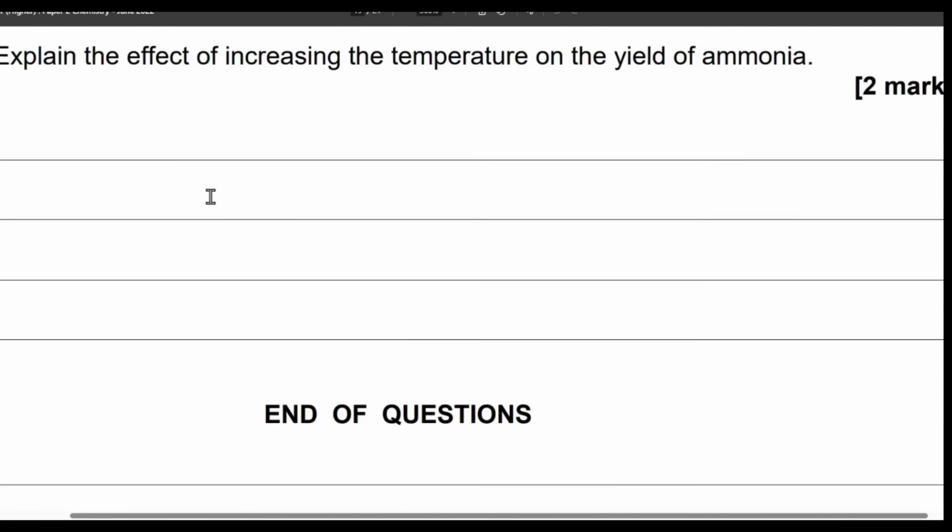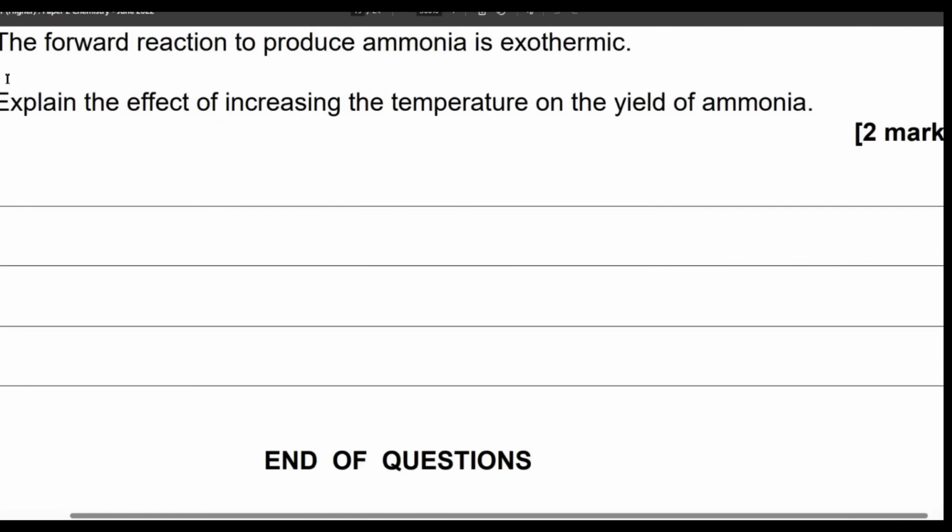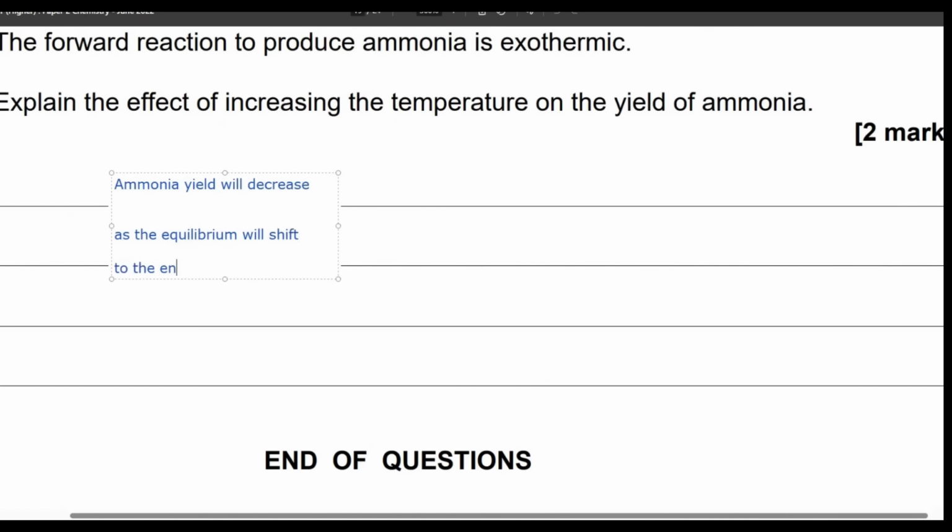Let's zing down here and put our answer in. So explain the effect of increasing temperature on the yield of ammonia. So ammonia yield will decrease. So you're going to get a mark straight away from saying that, as the equilibrium will, this is the language you've got to use, shift to the endothermic side to oppose the increase in temperature.